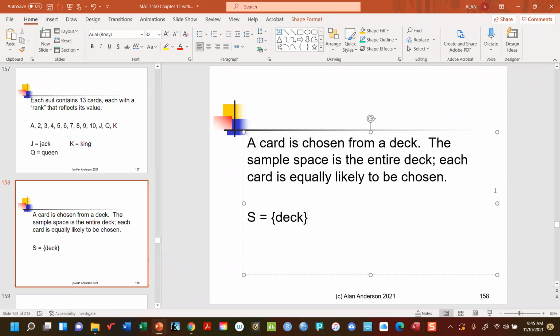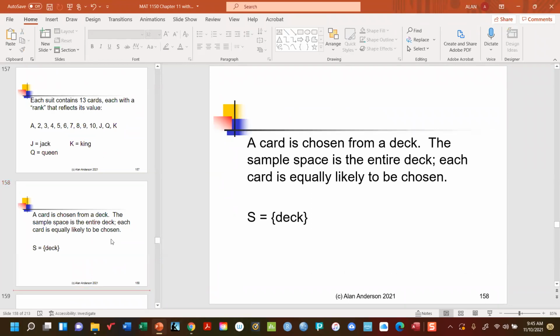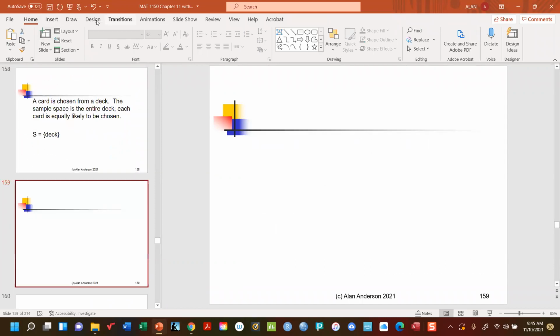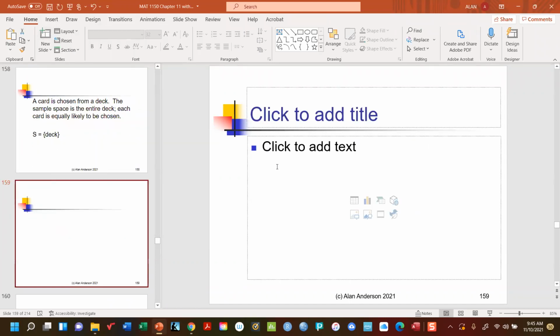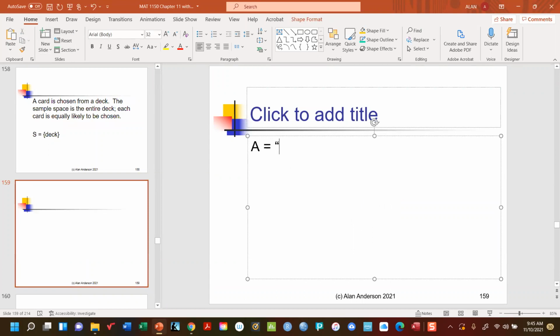Suppose we define the following events. A is the event that the card is red. And B is the event that the card is black. Now, here's what we want to know.